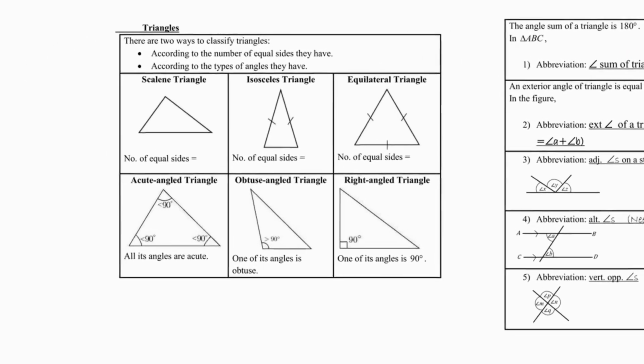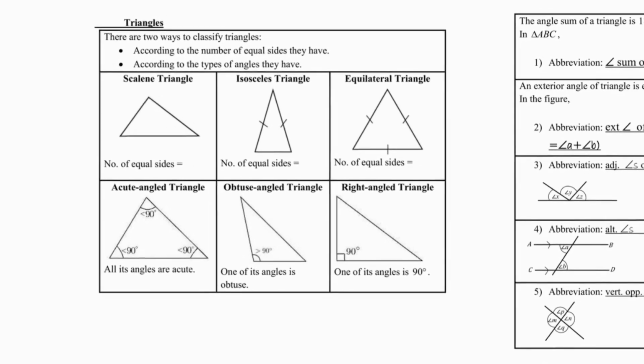Okay, so let me zoom into the triangles first. There are many types of triangle, and we could actually classify them according to the number of equal sides or the types of angle.